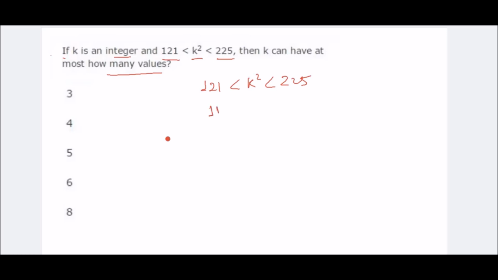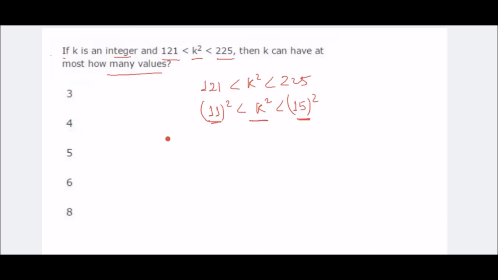So 121 is 11 square, right? And 225 is 15 square. And see, k is an integer. That's why k will be between 11 and 15.